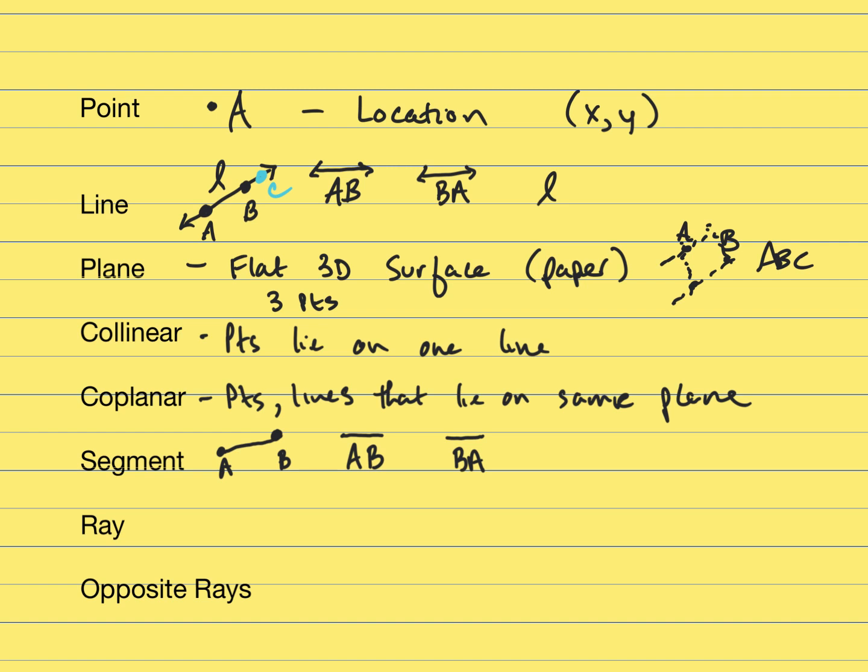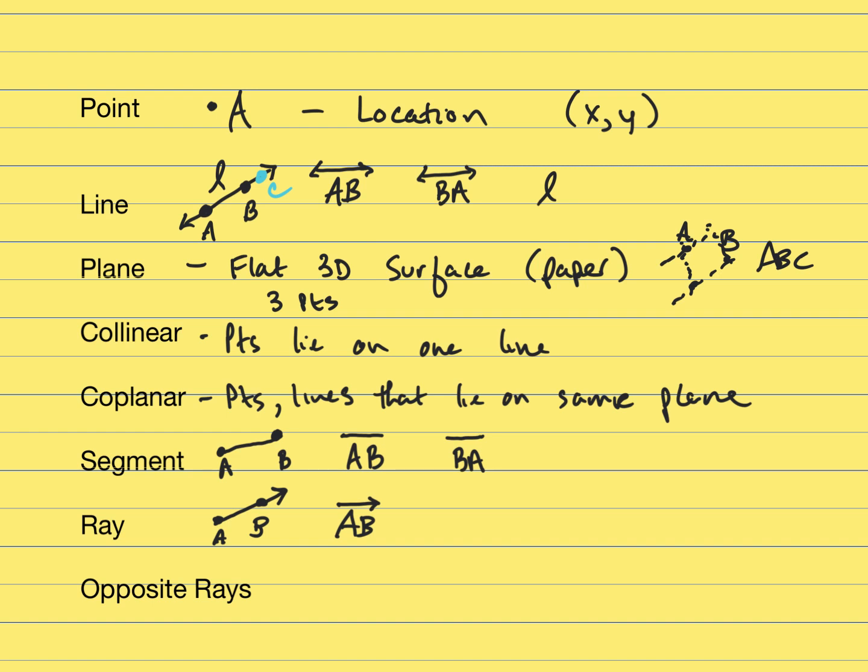Now, a ray has a point and then another point, but one of the points is an endpoint. So it looks something like this. It goes on forever. If we said A, B, we'd write this as AB with the line above again, but we use the arrow on the B side to indicate it's going on forever in the B direction.